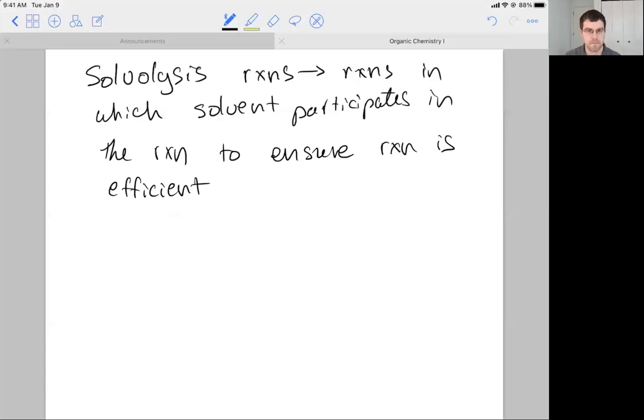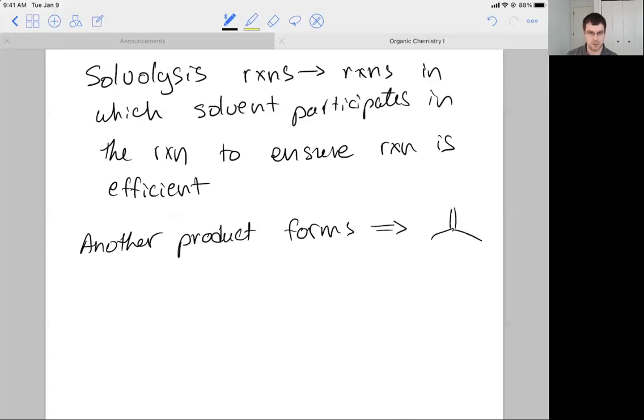Okay. What I want to do is just briefly go over the additional product in the reaction. And then we're going to stop and call this the solvolysis video before we go on to a more detailed look at this reaction, which is the SN1/E1 reaction. So another product that forms is this molecule.